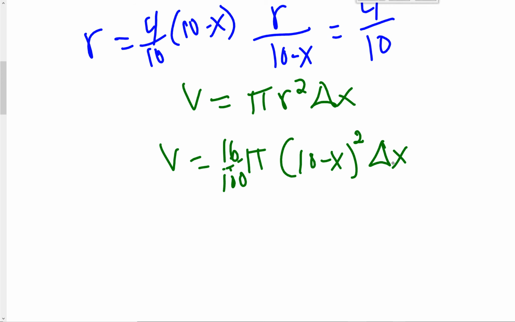Now we have to pull it out, right? So we have to go that distance of x. But first, we want to rewrite this in terms of mass and acceleration, right? Because that's what force is. So I can reduce this fraction by 4, so 4 over 25.